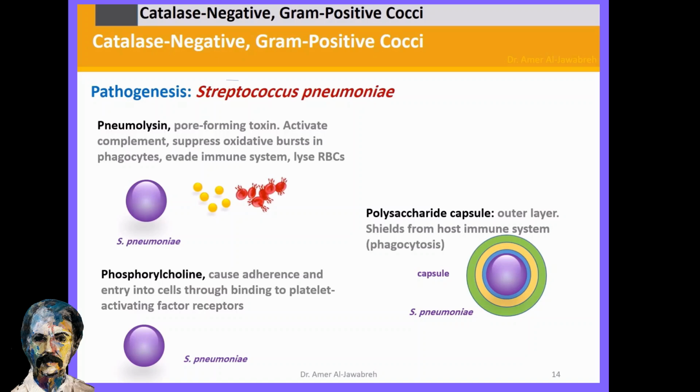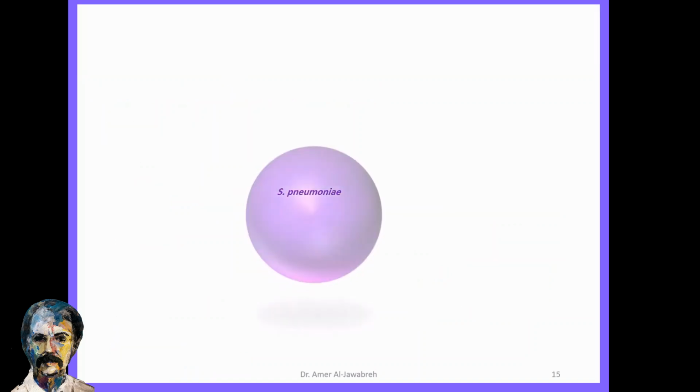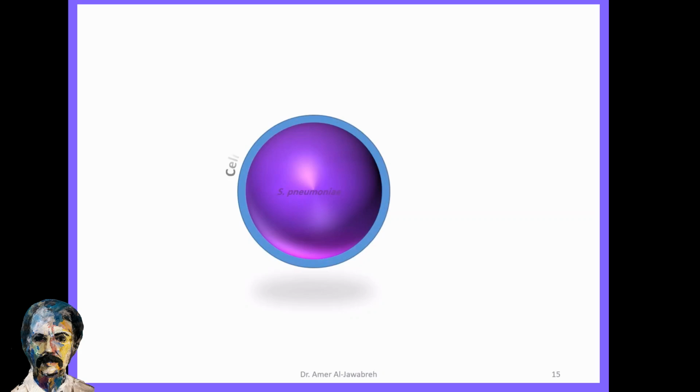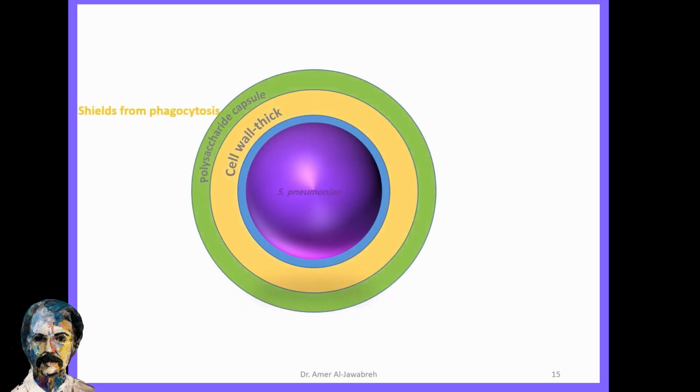Phosphorylcholine, pneumolysin, and polysaccharide capsule. That's just a quick thing. Cell wall, thick, and then the capsule polysaccharide shields from phagocytosis. This is the pore, like a tube, and all the toxin produced inside goes outside and is released.